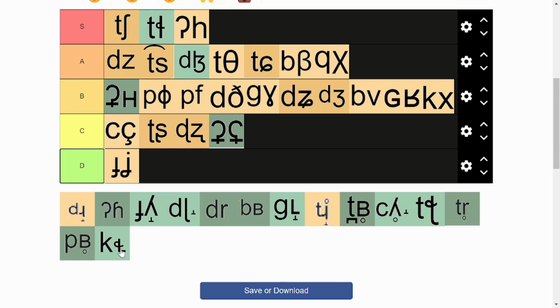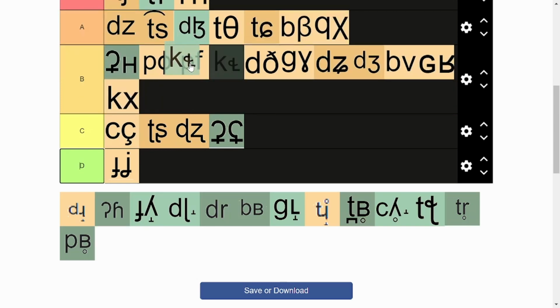It probably exists in some other languages as well. I could see that as an allophone of kla before velars or back vowels or something like that. Yeah, absolutely. It's very specific, but it doesn't sound bad. So I would put it in A tier, maybe high B tier. I gotta put it in beta here, up there.